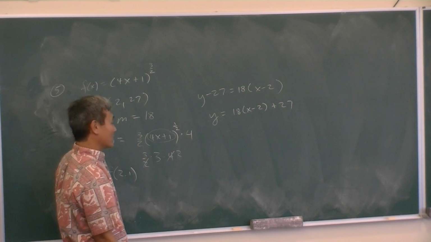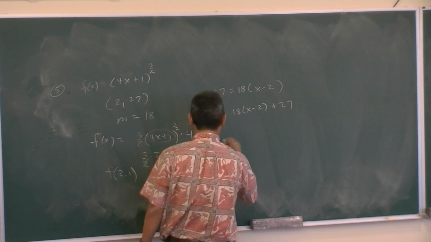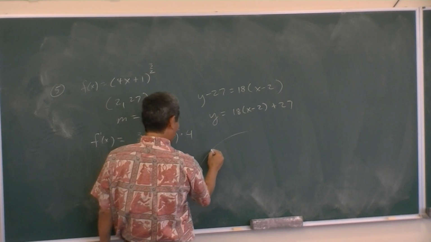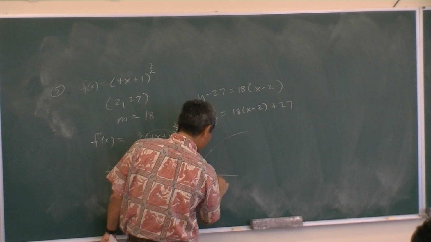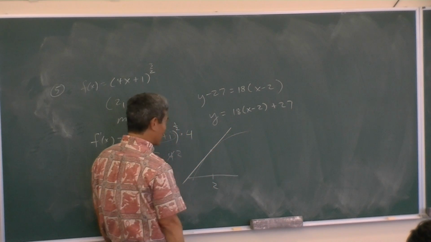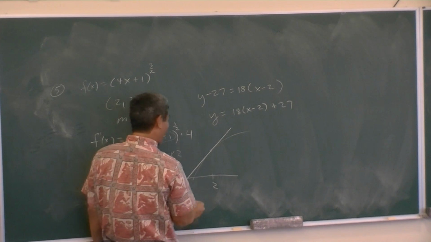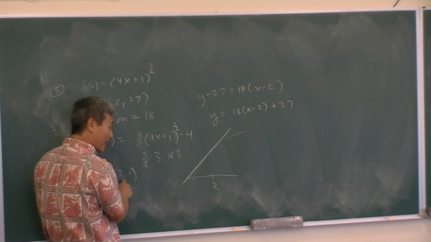Okay, now do you guys understand what's going on here? You have a graph. Here's a function. What we did is when x is 2, right there, we wrote the equation of the tangent line. Now we want to estimate f of 2.1.